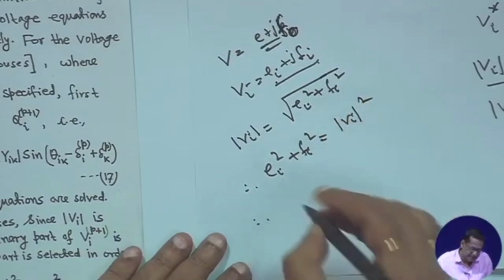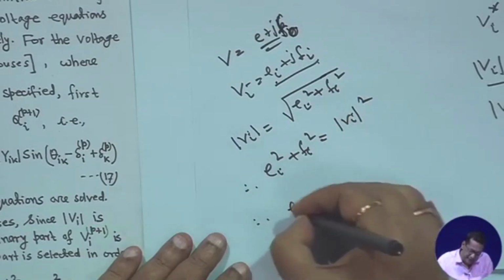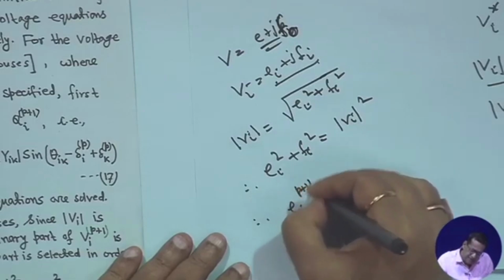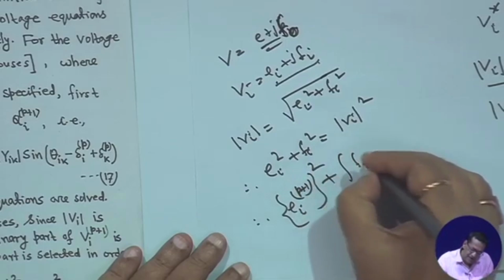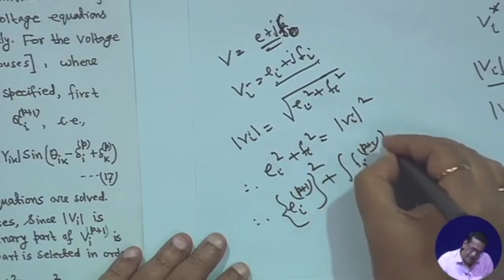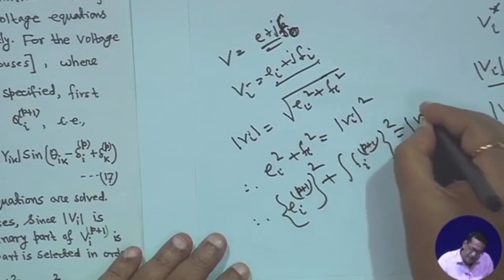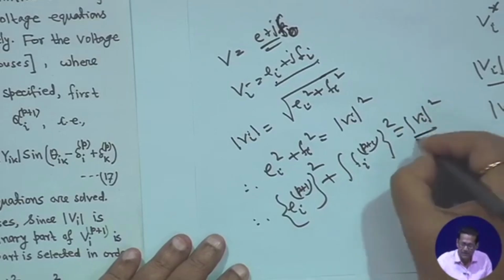That means at the p plus 1th iteration, Ei at p plus 1 whole square plus Fi at p plus 1 whole square is equal to magnitude Vi square, but magnitude Vi remains constant.